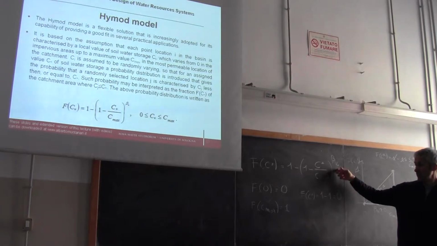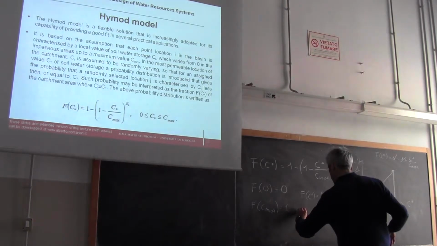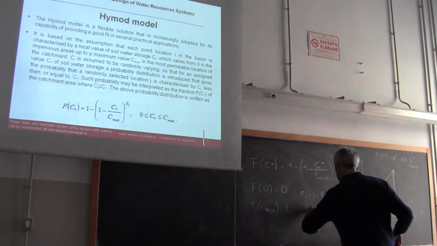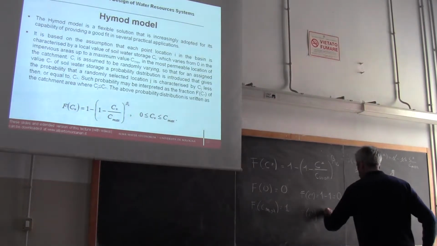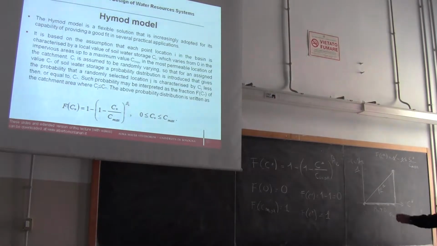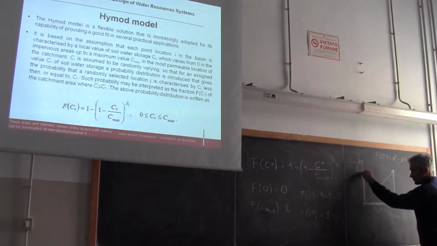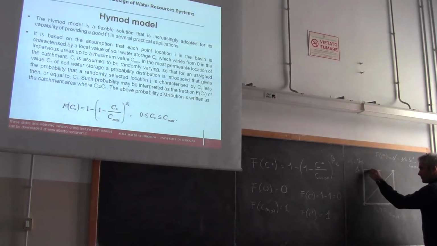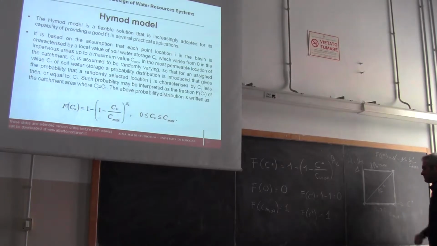So for beta k tending to infinity, f c star tends to 0, to 1, sorry. So you have something like this. And this is beta k tending to infinity.